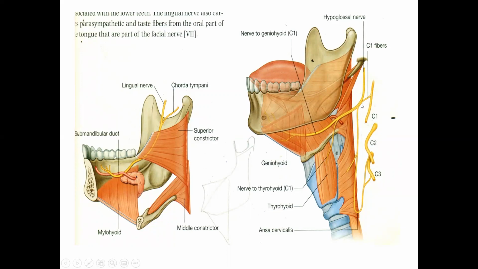After a short distance, they leave the hypoglossal nerve and supply the thyrohyoid muscle through the nerve to the thyrohyoid. They also supply the geniohyoid muscle. So the geniohyoid and the thyrohyoid muscles are supplied from the C1 nerve root from the cervical plexus, and this C1 nerve root joins the hypoglossal nerve.